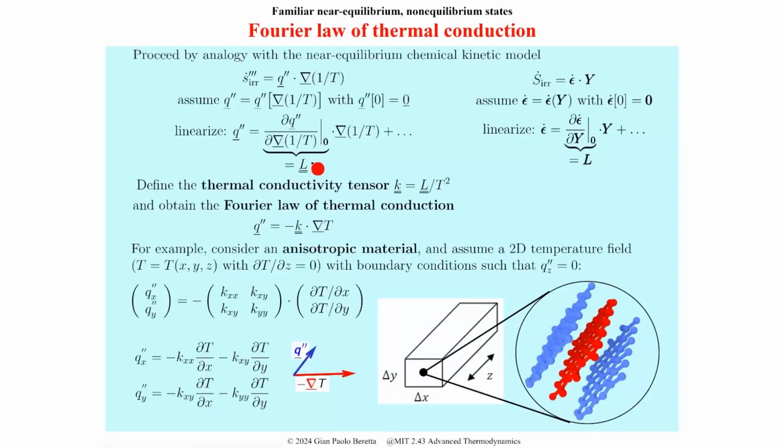We call it L, double underline, for a tensor. And since you're linearizing in the gradient of 1 over T, that multiplies the gradient of 1 over T. Of course, this tensor is to be evaluated at equilibrium, so this is an equilibrium property.